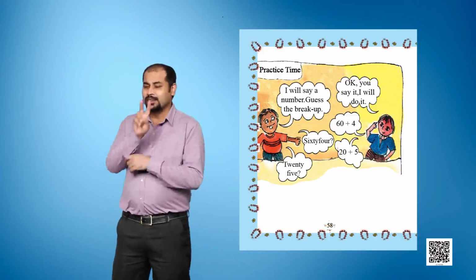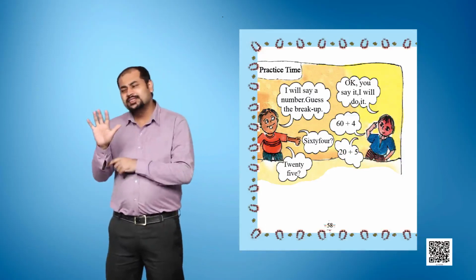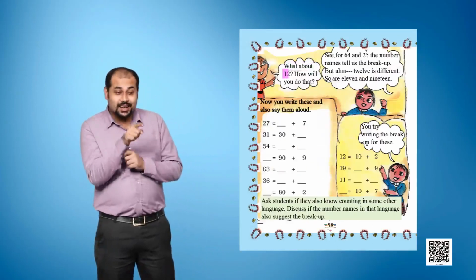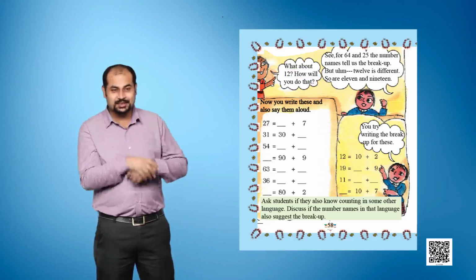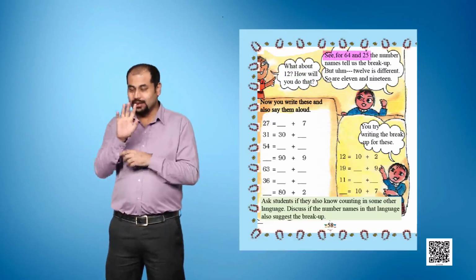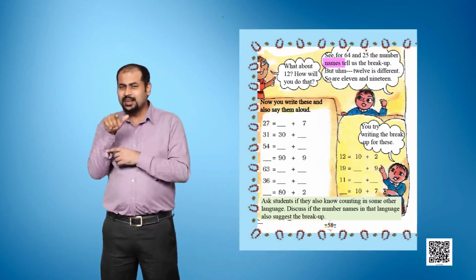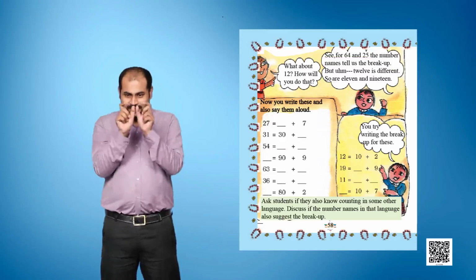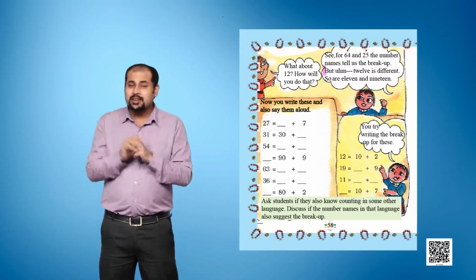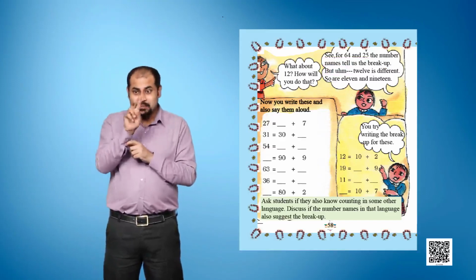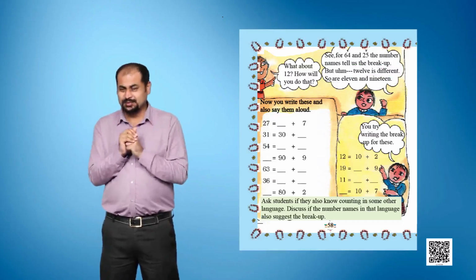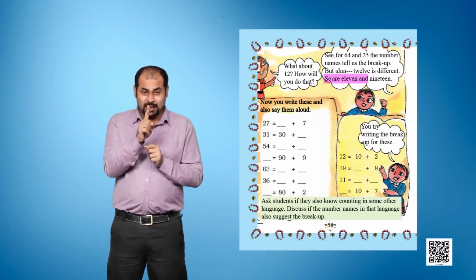Boy 2: 20 plus 5. Boy 1: What about 12? How will you do that? Boy 2: See, for 64 and 25, the number names tell us the breakup. But 12 is different. So are 11 and 19.